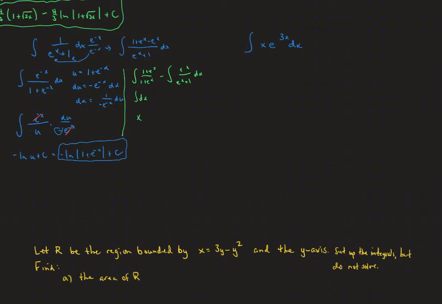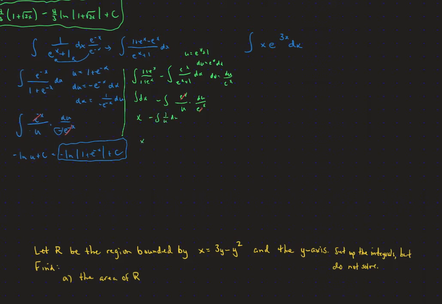And on the next one, we can say u is that denominator, and du is its derivative, and that makes dx du over e to the x. That makes our integral u in the denominator and du over e to the x, and we get the integral of 1 over u du.